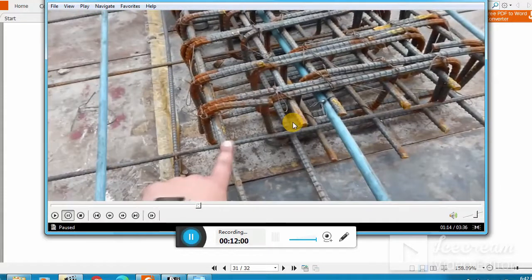These are, okay. So you see here 1, 2, 3, 4, 5 and 6. There are 6 leg stirrups, and here in the example we assume that we are using 2-leg stirrups, meaning that one leg will be here and one leg will be here.